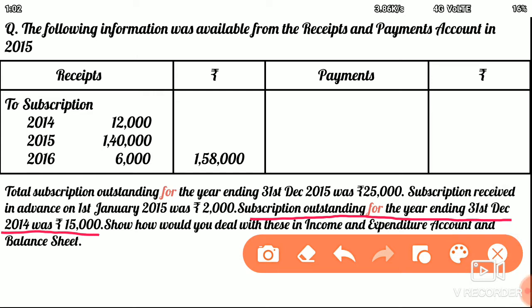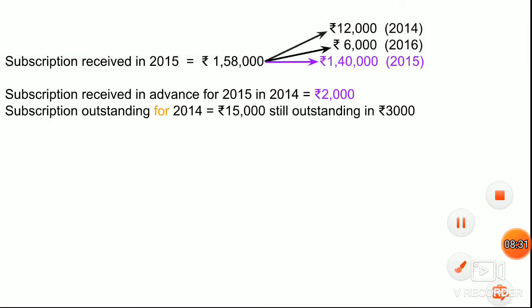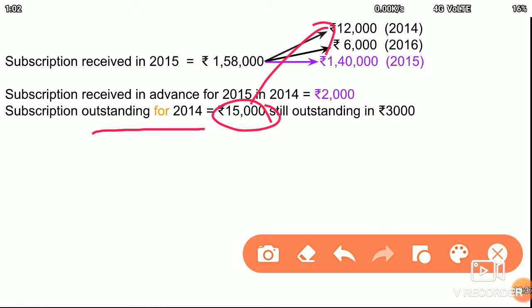So previous year there was an outstanding of 15,000, out of which 12,000 was received. So still outstanding in the current year, that is still outstanding in 2015, of 2014 is 3,000.